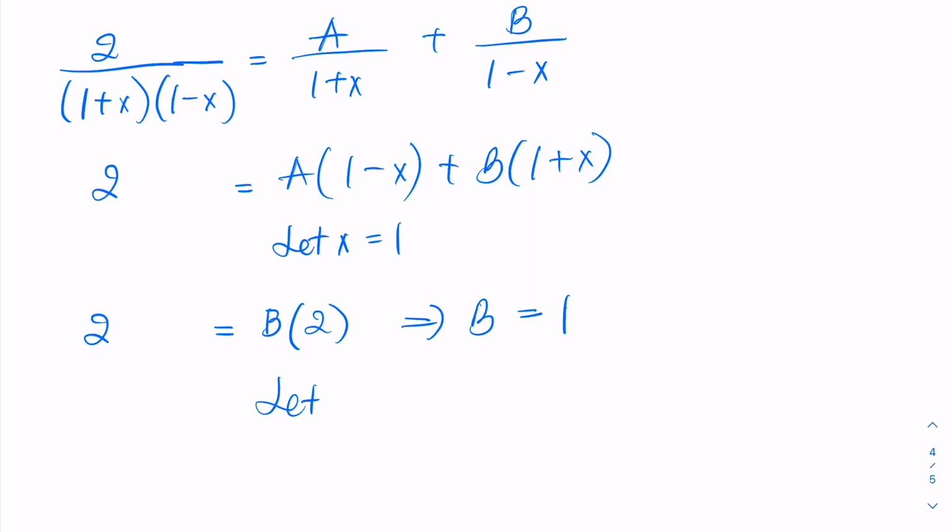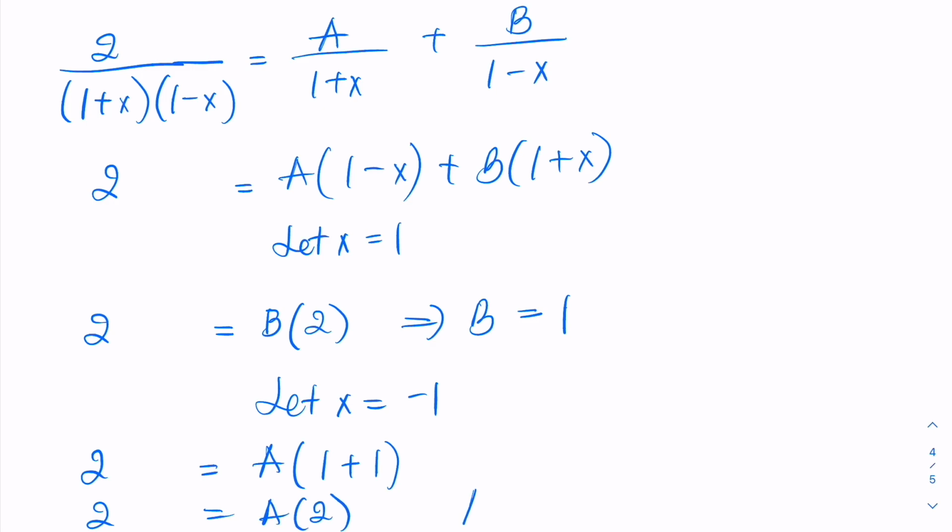I'm going to let x be negative 1 to cancel out B. So 2 is going to be A times 1 minus negative 1. So that's plus 1. So A is also 1.